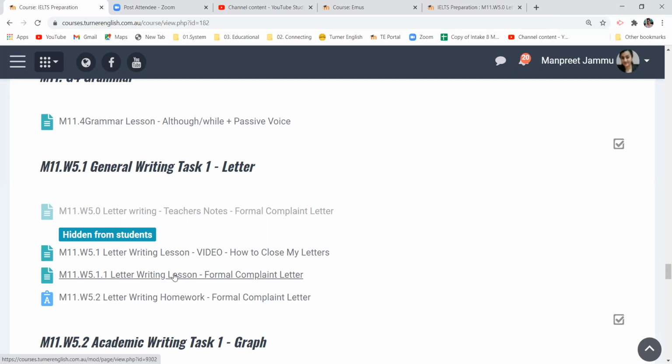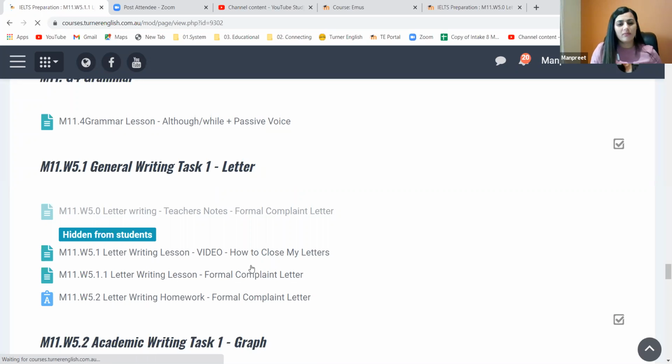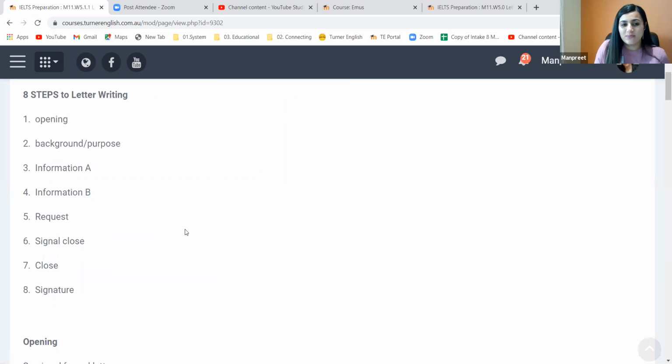Number 6, signal closing. And then closing. And the last step is signature. Beautiful. So these steps are very important when you write a letter.